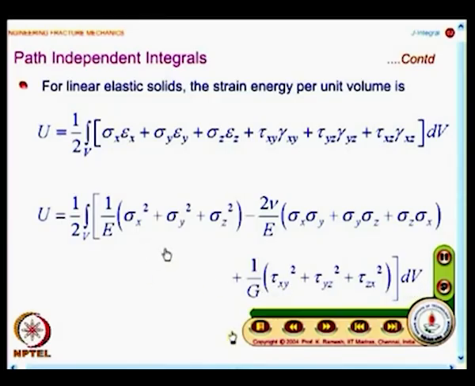These expressions you already know, and this is just shown for continuity in the discussion.